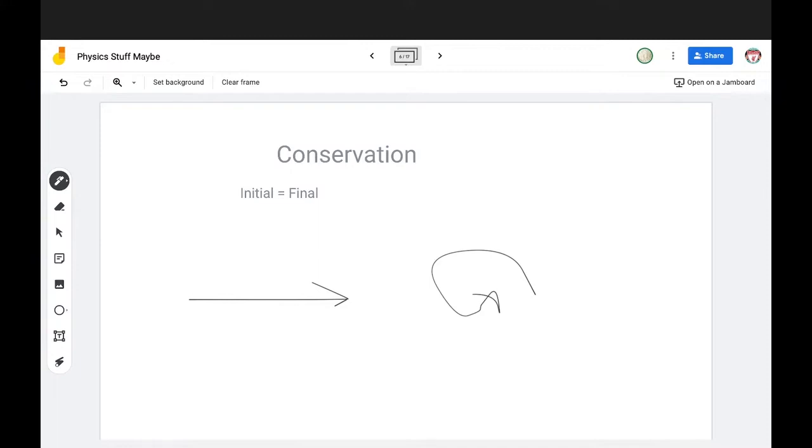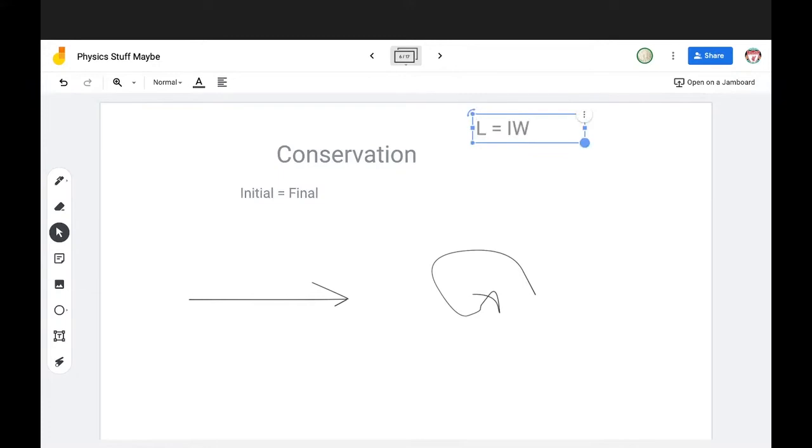And this is seen in their equation. So if the equation for linear momentum was P equals mv, or momentum equals mass times velocity, the equation for angular momentum is going to be L equals I times W. And so L is our angular momentum.